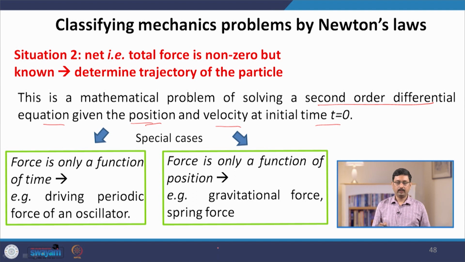If you know where you start to throw the projectile and its initial velocity, magnitude and direction, then you can determine the subsequent trajectory of the projectile. So, this is a mathematical problem now.